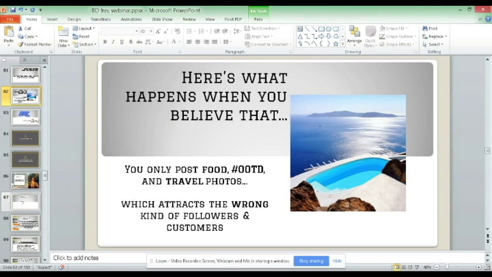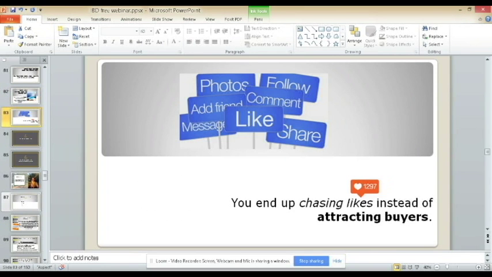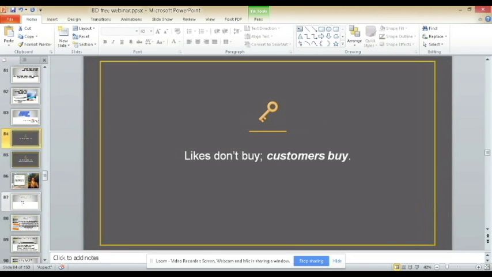You're posting all your vacations and your food and your travel, and then you attract the wrong kind of followers, and they're not really customers. They're more like people who enjoy your views. You end up chasing likes instead of actually attracting buyers and customers and clients. Likes don't buy, customers buy.